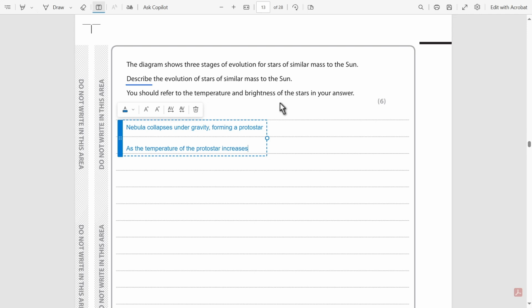eventually, as the temperature of the protostar increases, once it reaches around 3000 degrees Celsius, then nuclear fusion can start to take place.